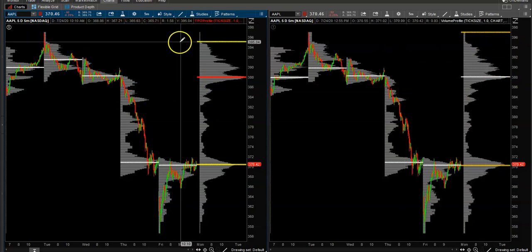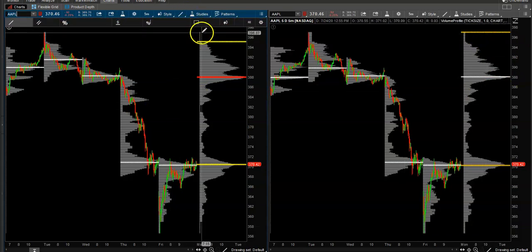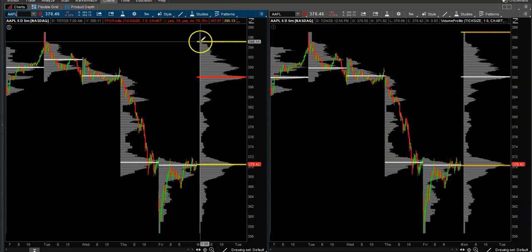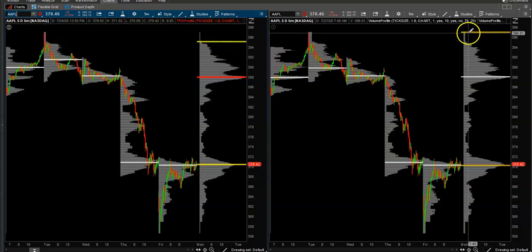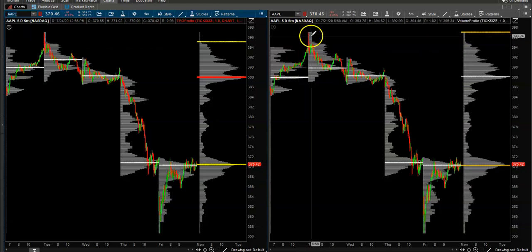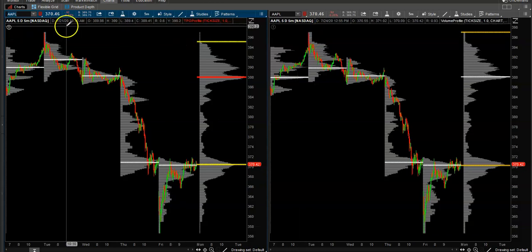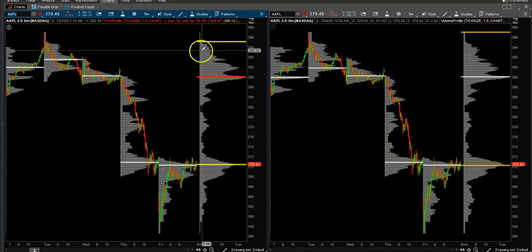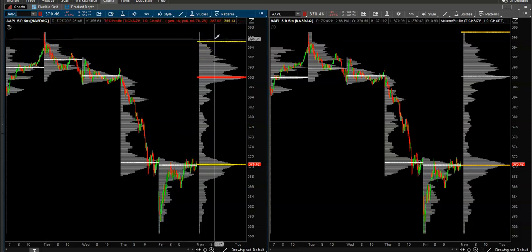But look at this on the time and price TPO, we actually have excess up here. On volume profile, there's still excess, but the value area high is at the high because all it takes into account, again, is the volume traded. It does not take into account how much time was traded. And that's why these will show you two slightly different pictures.